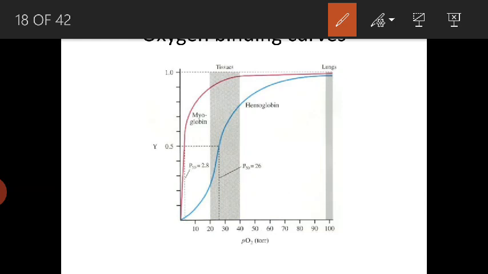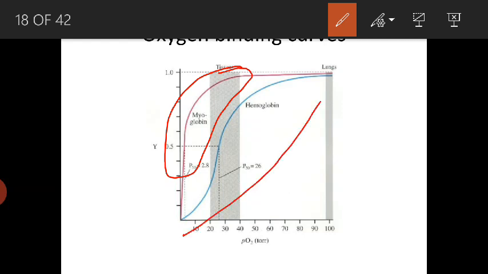If the total amount of myoglobin, that is Mb plus MbO2, is held constant, while the concentration of oxygen is varied in terms of partial pressure, the curve is obtained as shown in the figure. So here we can see different curves. The oxygen binding curve of myoglobin is hyperbolic, whereas it is sigmoid, S shaped, for hemoglobin.